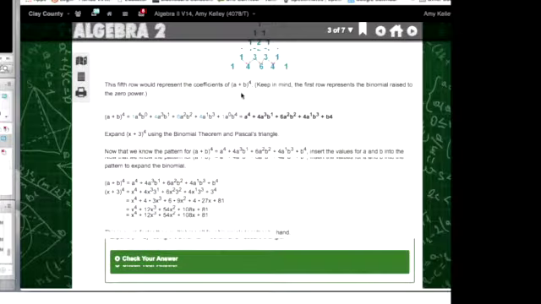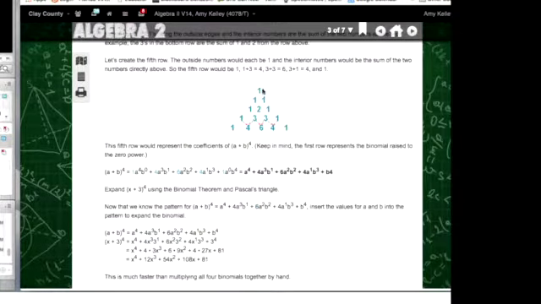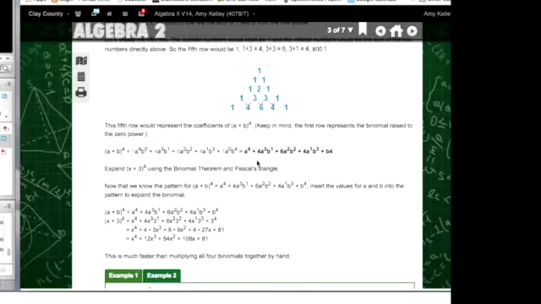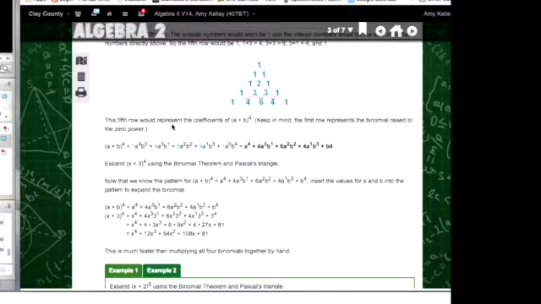That's right, you would look at the 6th row. And the 6th row, let's see, this is 1, 2, 3, 4, 5. The 6th row would be 1, 5, 10, 10, 5, 1.